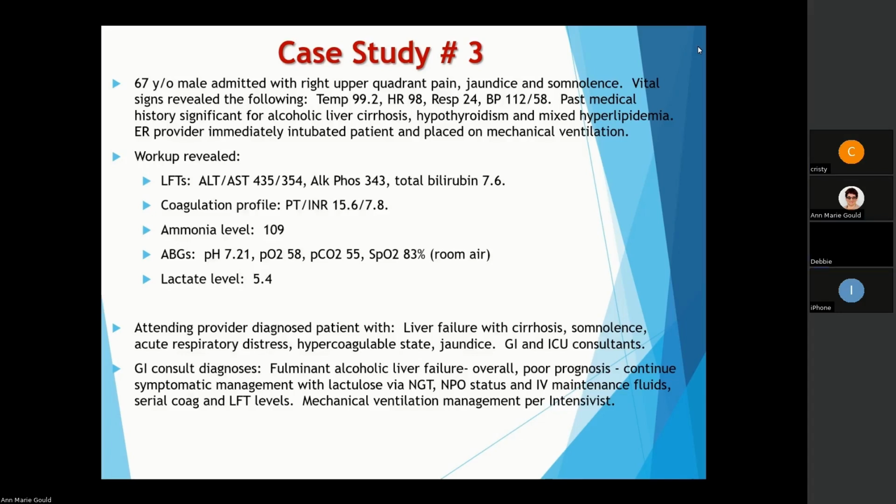Especially if the patient has respiratory distress and this ABG result, SPO2 is only 83%, I'd be comfortable asking for acute respiratory failure. I want to see the PF ratio and all that too. But they're placed on a vent, so you need to specify whether it's for airway protection or for respiratory failure with respiratory distress documented.